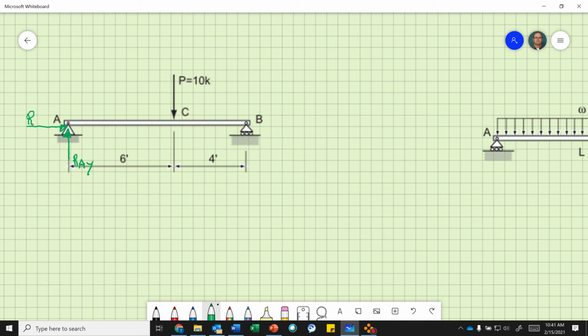The reaction at point A in the x direction. And then we have the reaction at point B in the y direction. So this is example 1.